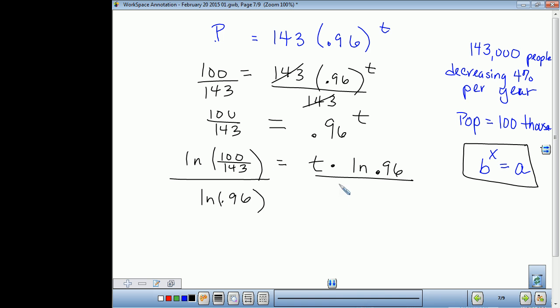You must punch every time I tell you to. Because if you don't know how to use your calculator, but you know how to do all the math, it'd be stinky to get this close and not get it 100% right. Once I punch it in, I'm now approximating. So how many years will it take the population to decline? 8.762.